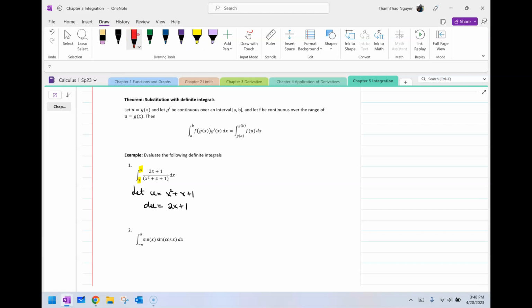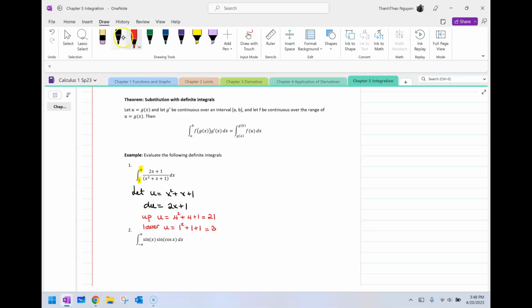Okay, so the upper limit, u equals 4 squared plus 4 plus 1. 4 squared is 16 plus 4 is 20 plus 1 is 21. The lower limit, u equals 1 squared plus 1 plus 1. This is 3.